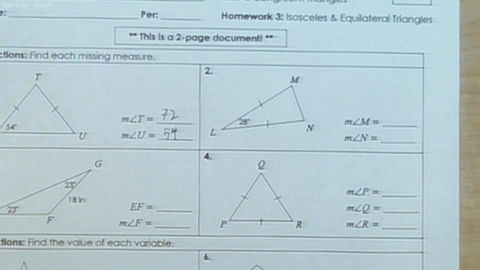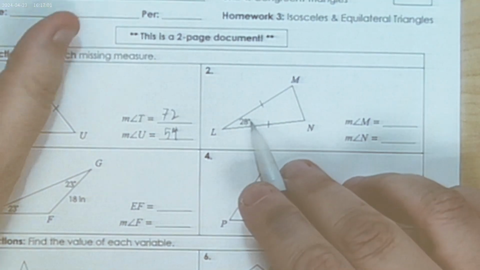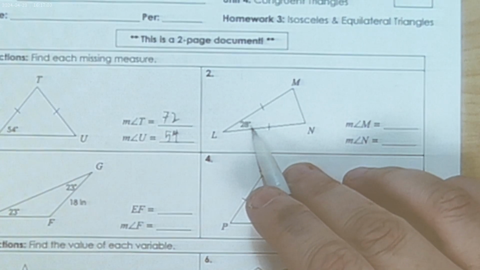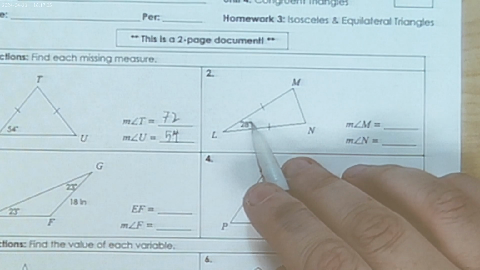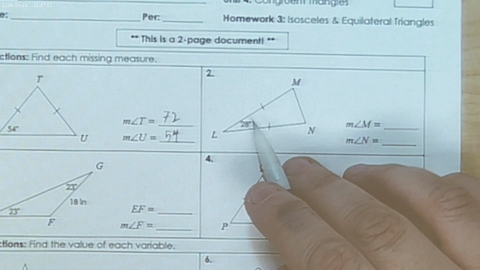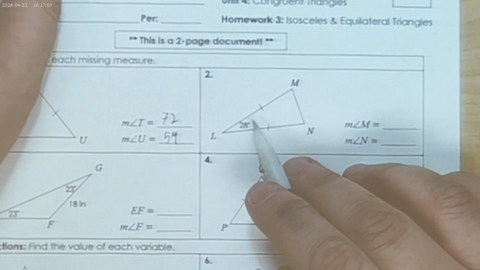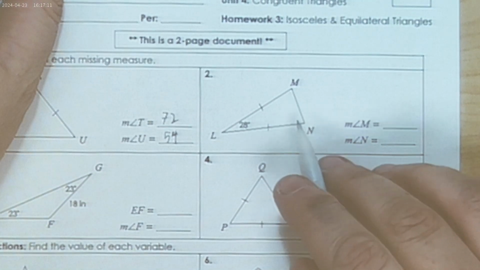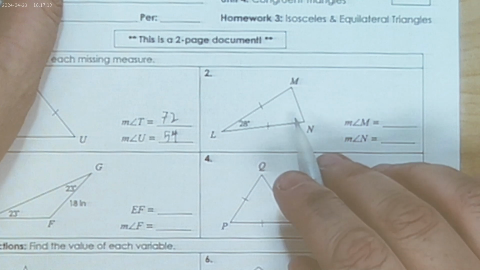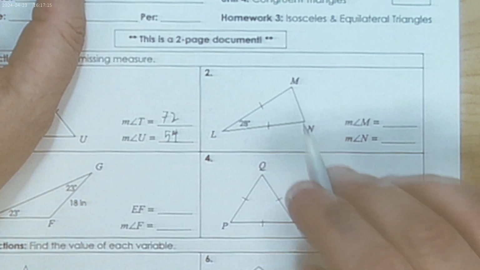So if you remember the angles of the triangle, if you have 28 here, then that means you have 180 degrees minus 28, which is 152. That means these two angles have to come up with 152 degrees of measurement between the two of them.